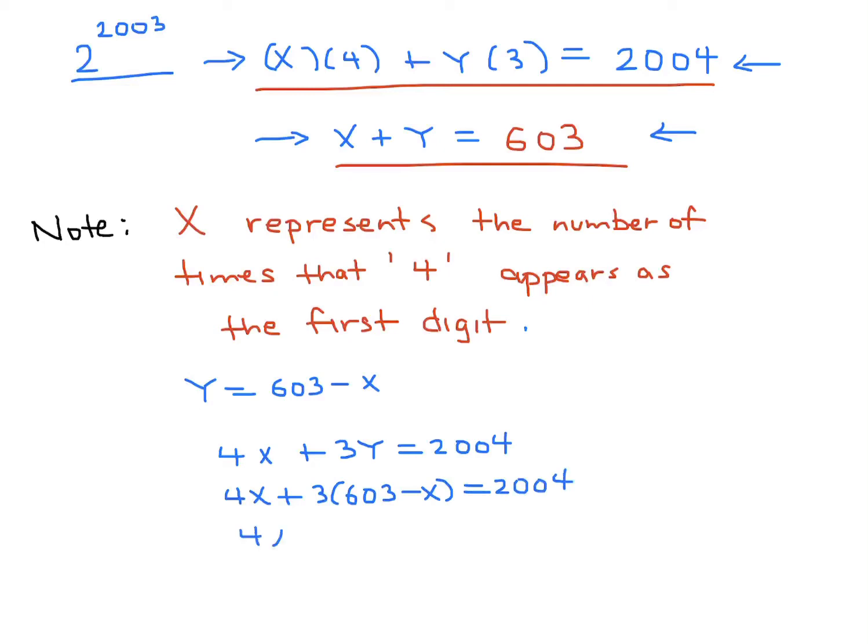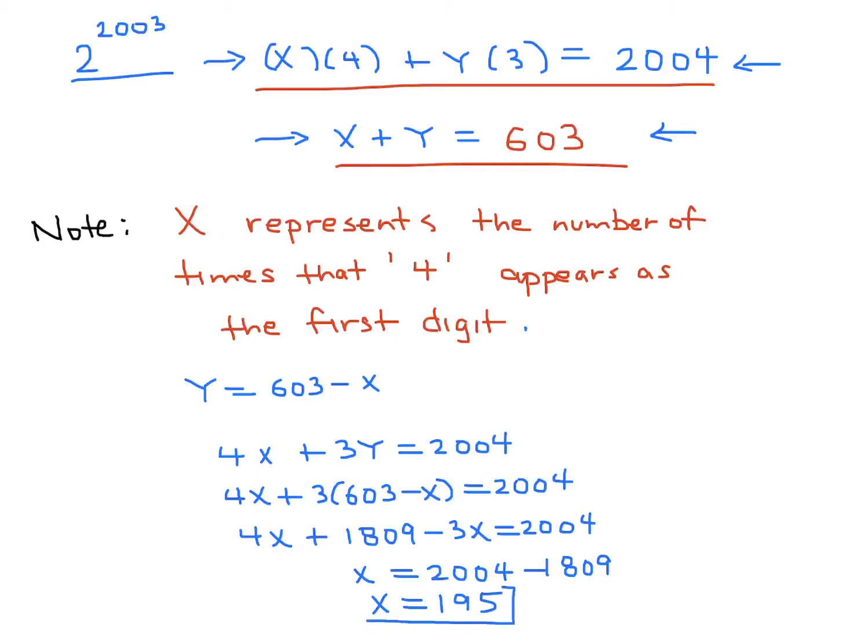So 4x plus 1809 minus 3x is 2004. So this looks like x, and this is 2004 minus 1809, which is equal to 195. So there you have it.